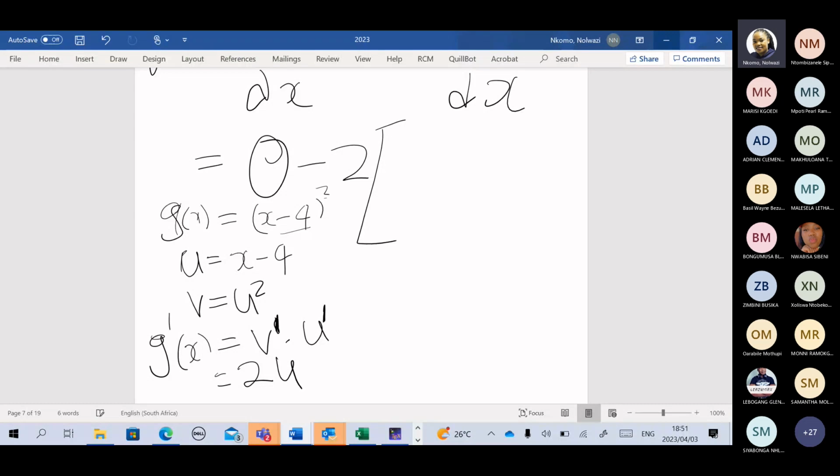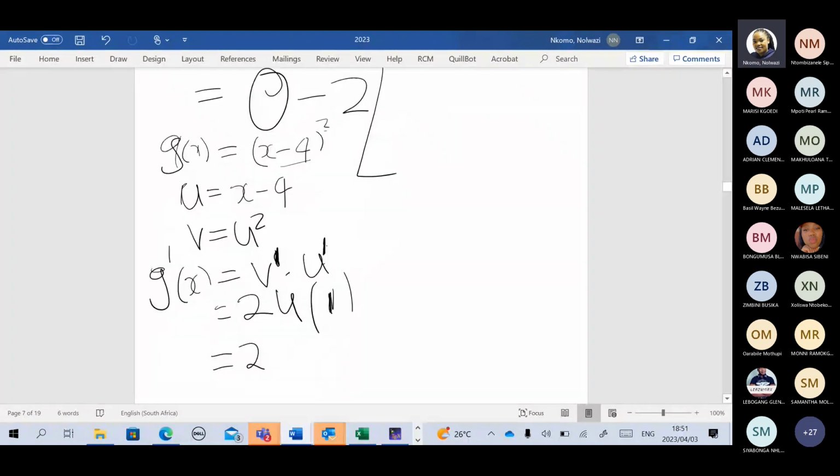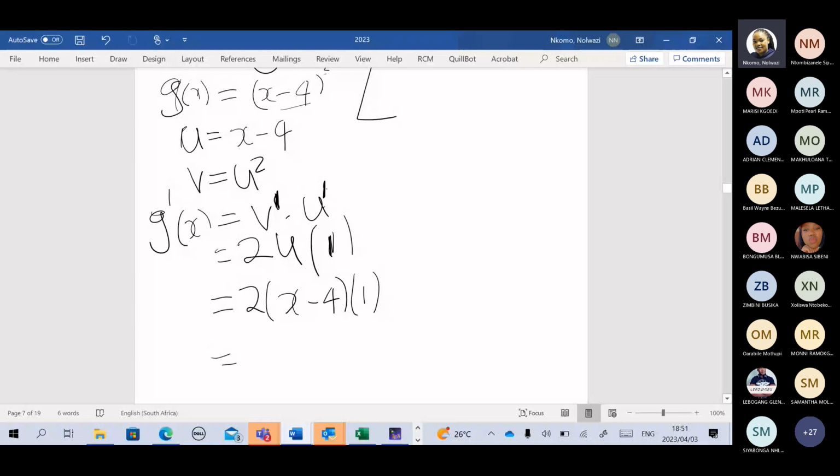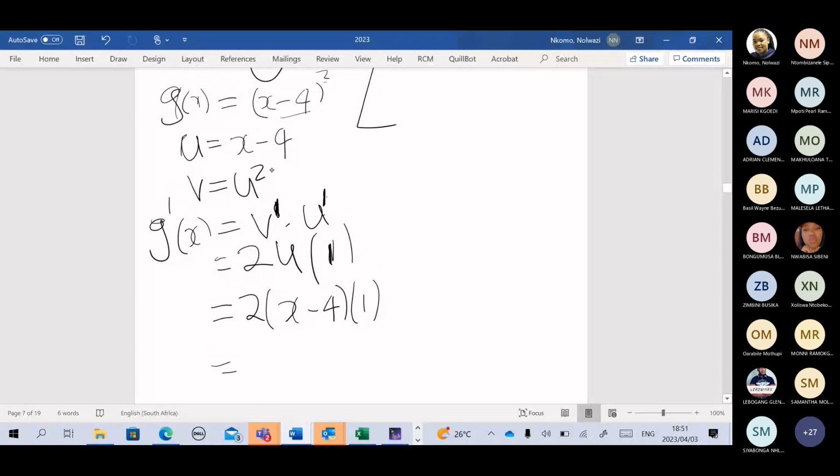Times, if you differentiate u, which is x minus 4, with respect to x, you get 1, right? But our u is x minus 4. So we have 2 into x minus 4 times 1. The derivative of v is 2u.